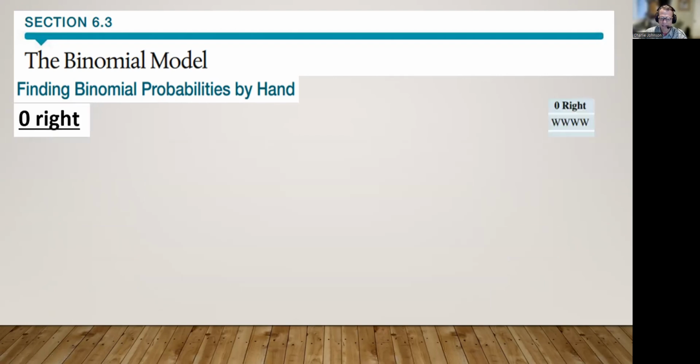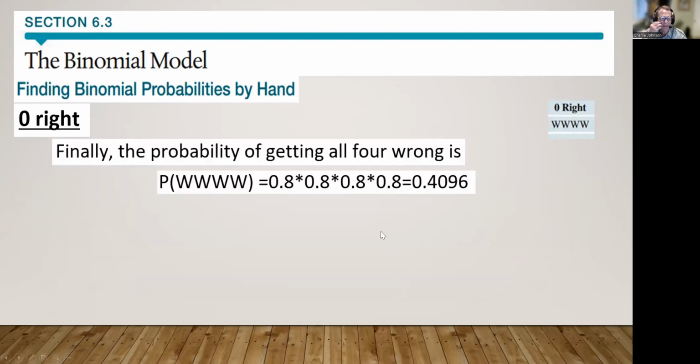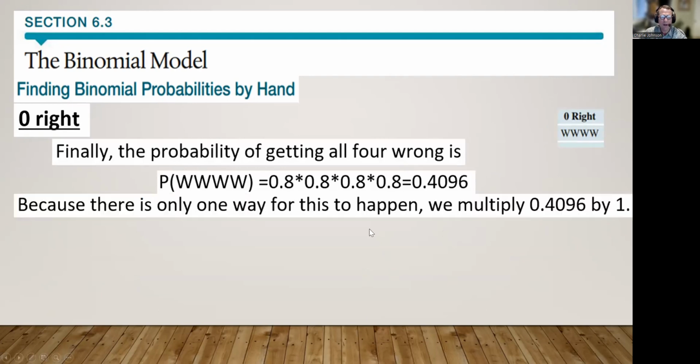The last one, to get 0 right, we'd have to get wrong, wrong, wrong, wrong. The probability of getting all 4 wrong then is going to be 0.8 times 0.8 times 0.8 times 0.8, which is 0.4096. And there's only one way for this to happen, so we just multiply that by 1.